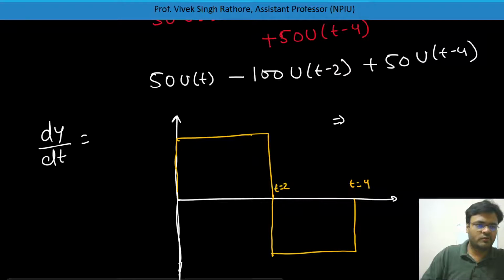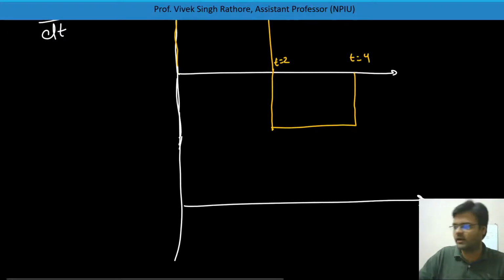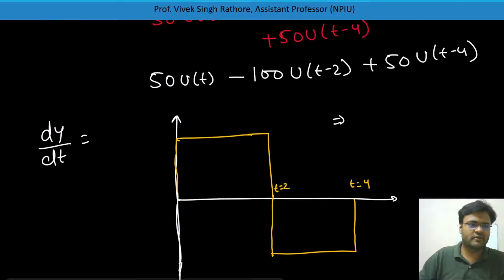See, 50 u(t) is there, and it goes on till t equal to 2, with a constant value of 50.